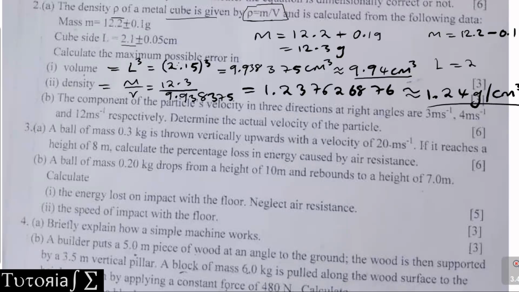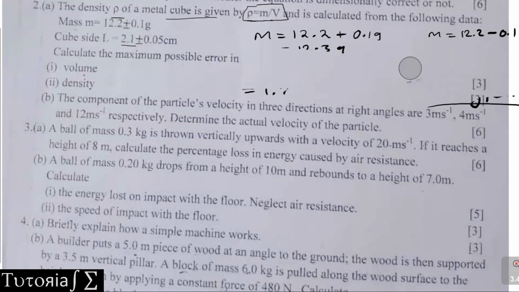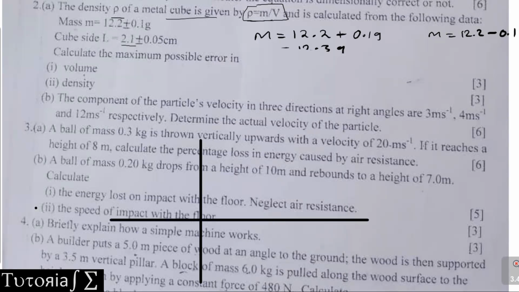What we do here is we need to find the resultant velocity, and basically we have to resolve the velocities into components. So let's consider an x-y plane, like that.